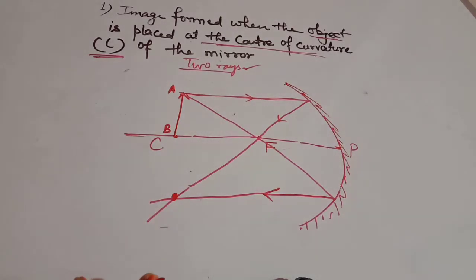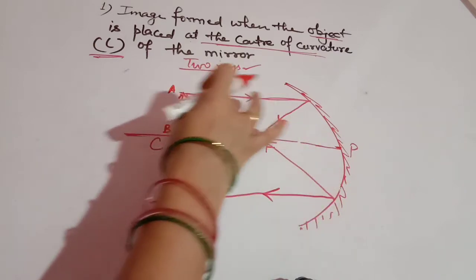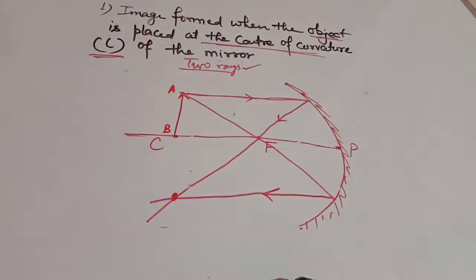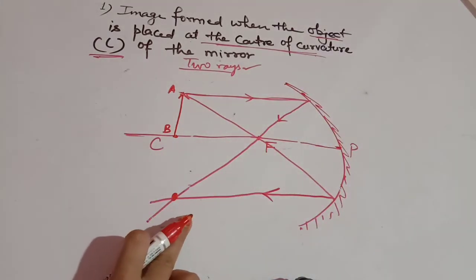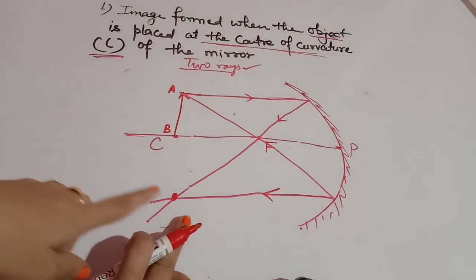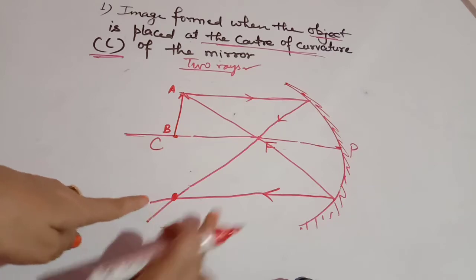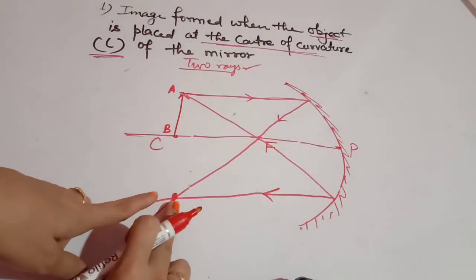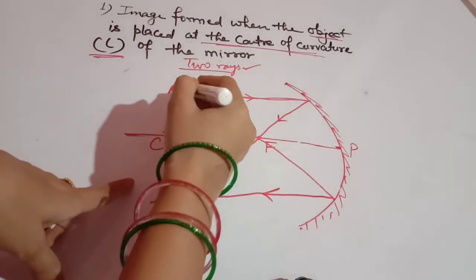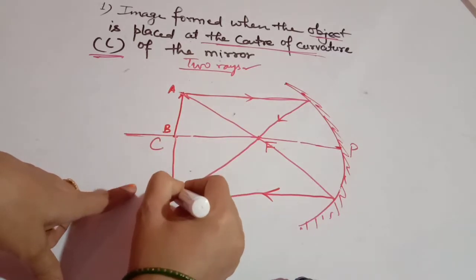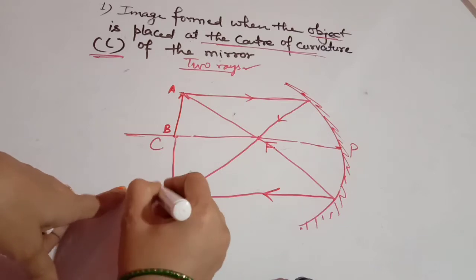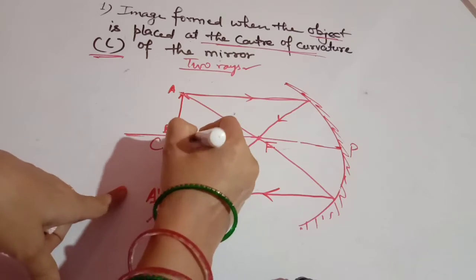It's very simple. At least two incident rays you need to draw to form an image of the object. When both reflected rays intersect each other, at that point we get the image of the object. So this is the point where both rays cut each other. At this point we will get the image of our object, which will be in this manner, that is A dash and B dash.